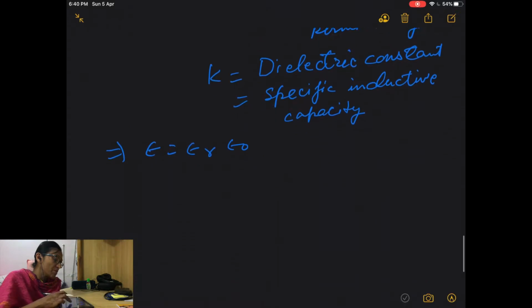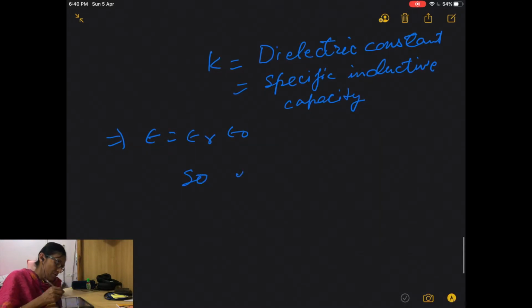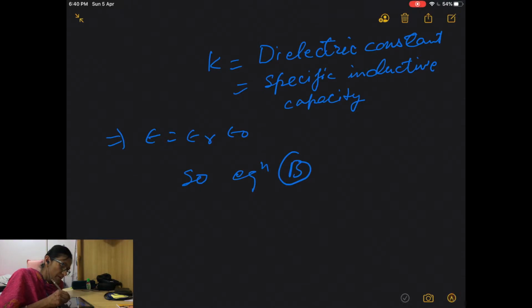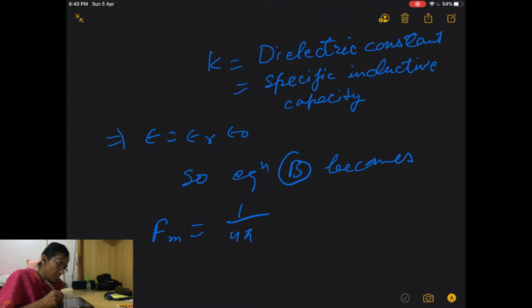So your equation B becomes: force in medium is equal to 1 by 4 pi epsilon naught epsilon r q1 q2 by r square.